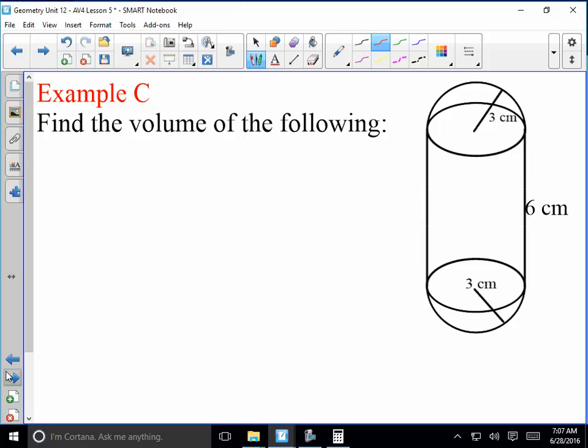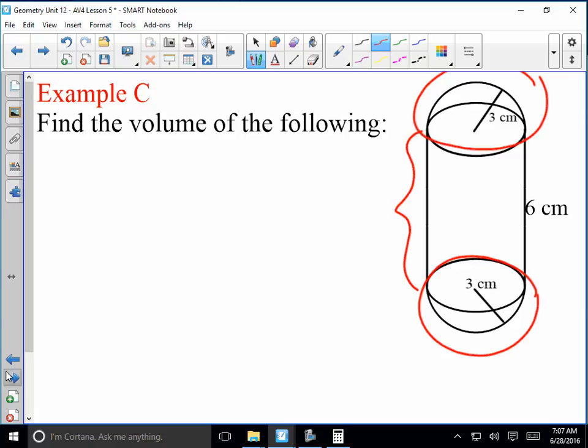Okay, now we can start putting together different shapes when we're looking at volumes. So in this situation, we have a hemisphere on top, a hemisphere on bottom, and we've got a cylinder through the middle.